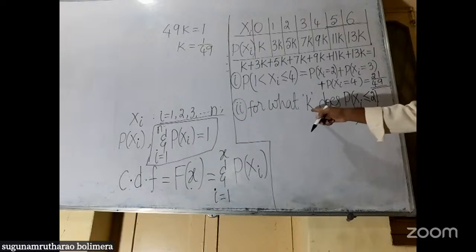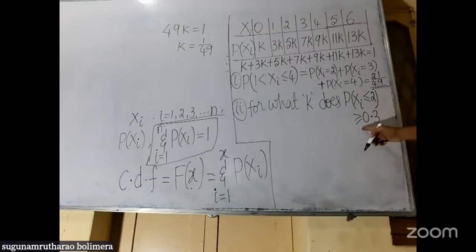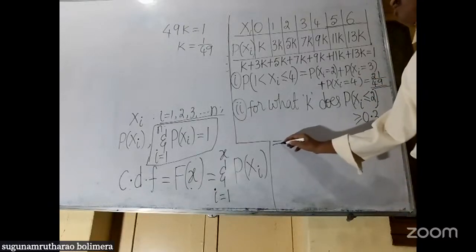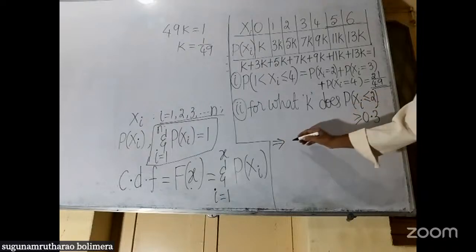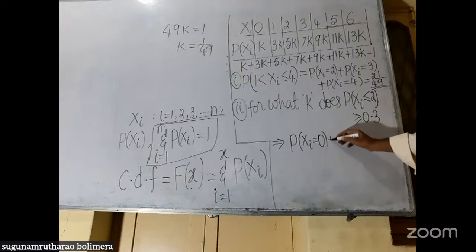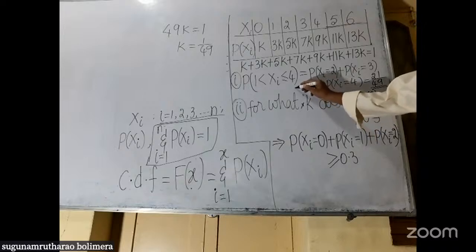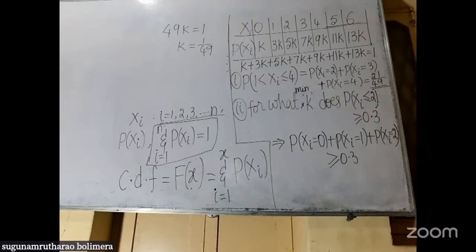Next, for what value of k? Here we should not use the value of k. You need to find k such that P of xi less than or equal to 2 is greater than or equal to 0.3. So P of xi less than or equal to 2 means P of xi equals 0 plus P of xi equals 1 plus P of xi equals 2, greater than or equal to 0.3. For what minimum value of k?